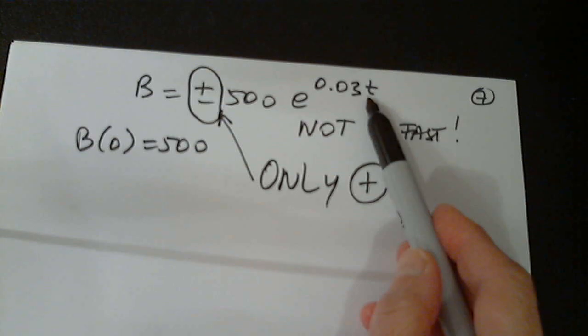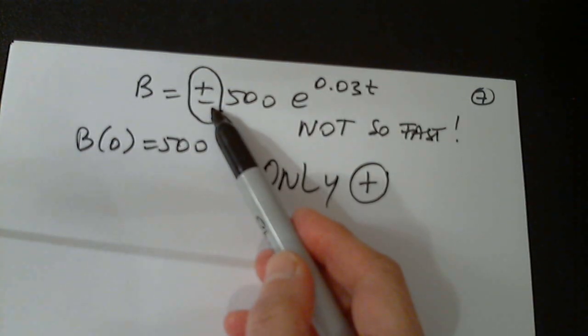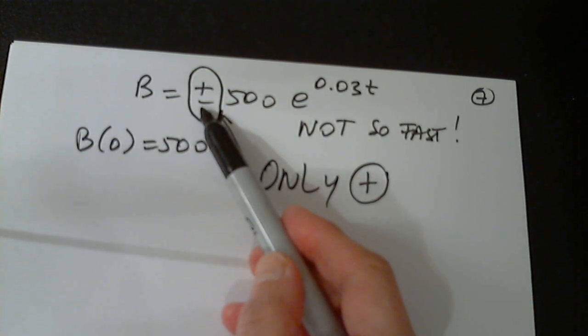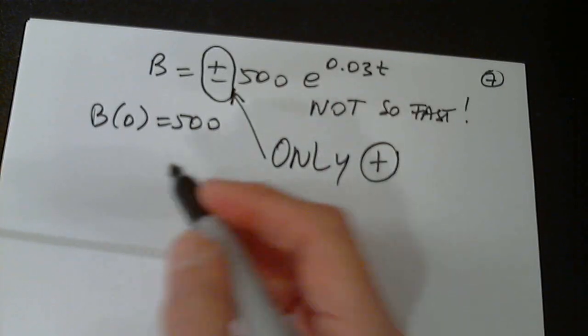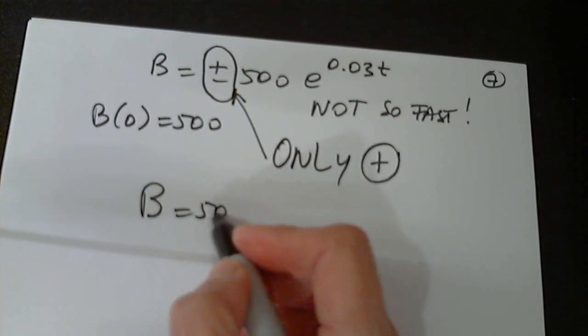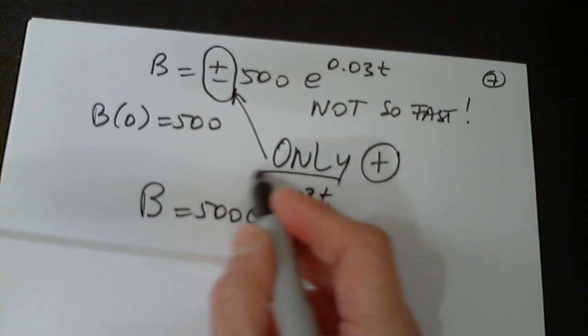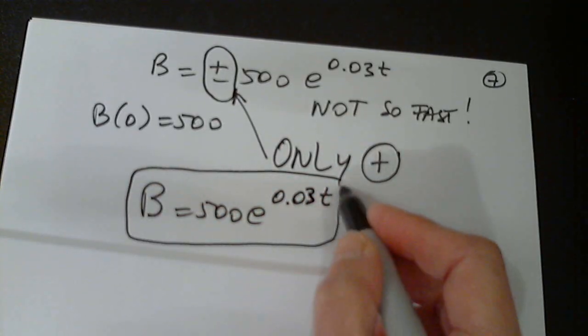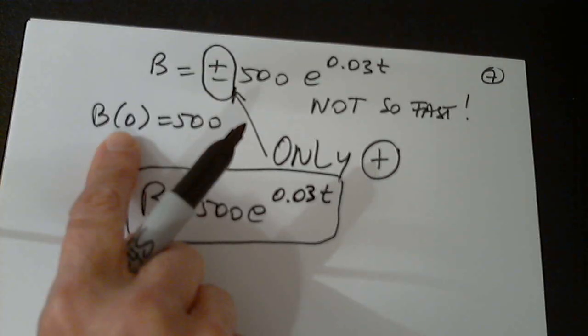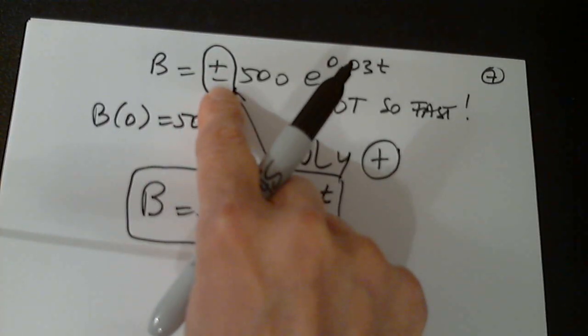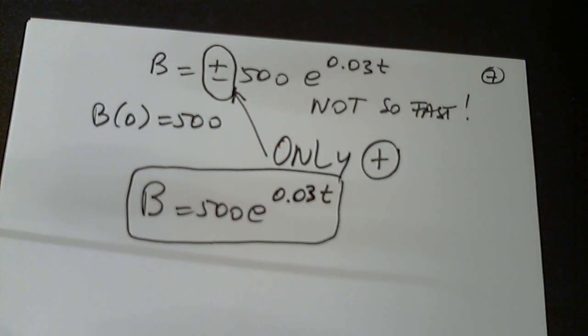So when I plug in 0, I have to get positive 500, not negative 500. So therefore, there is only one solution: B equals 500 e to 0.03 t. The initial condition helped us make a decision which of these two symbols is the appropriate one, because this was not the general case.